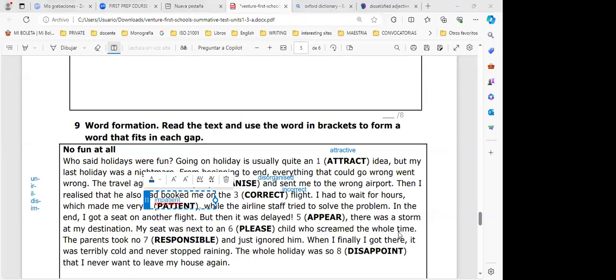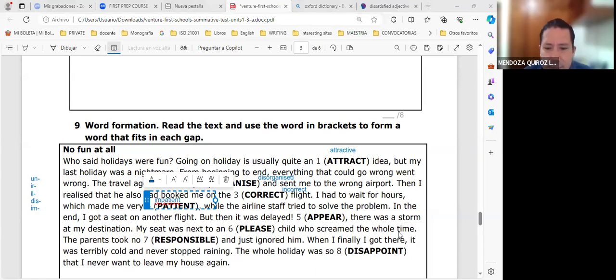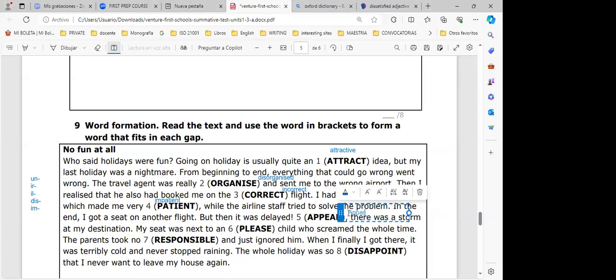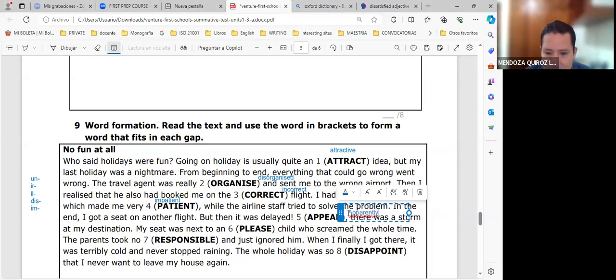There was a storm in? No, because you have, here, appear, there was a storm at my destination. Apparently. Apparently, comma, yeah. Transition, you need a transition here. Apparently, there was a storm at my destination.